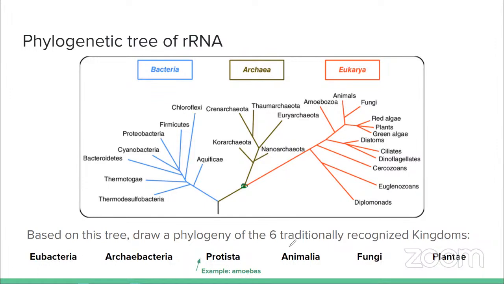I think the most common is these 6 traditionally recognized kingdoms. So I want you to take a look at this phylogenetic tree of rRNA and figure out what the relationships of these groups would be if we just pick those out. We want to draw our own phylogenetic tree for those kingdoms.